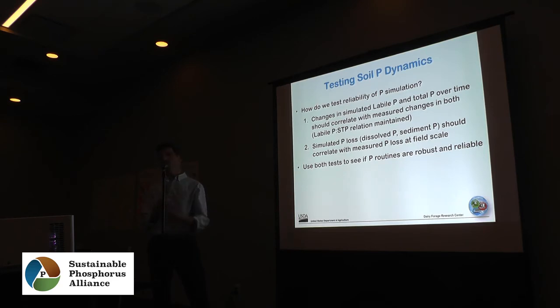We also want to look at whether we're simulating the changes in total P in our soil well too, because remember that they're feeding different pathways, whether it's total P or labile P, and the dissolved and sediment-bound P loss pathways. So really it's that idea of looking at multiple ways to test your model, and not just looking at dissolved P loss and runoff, but multiple tests for reliability.